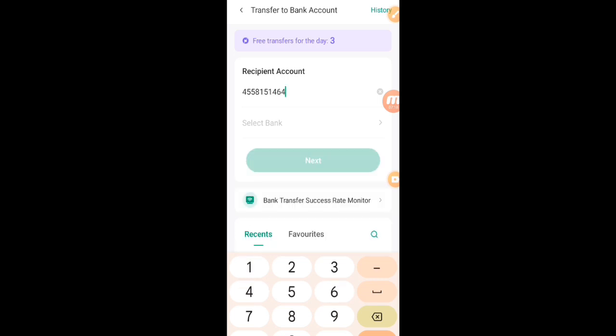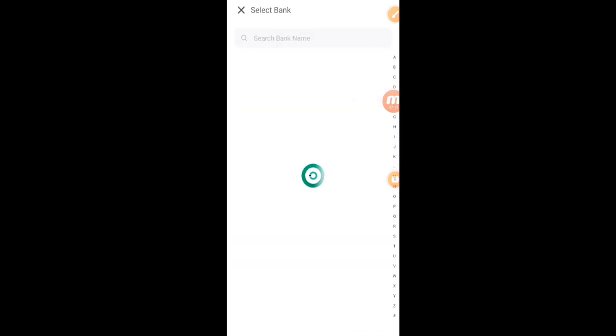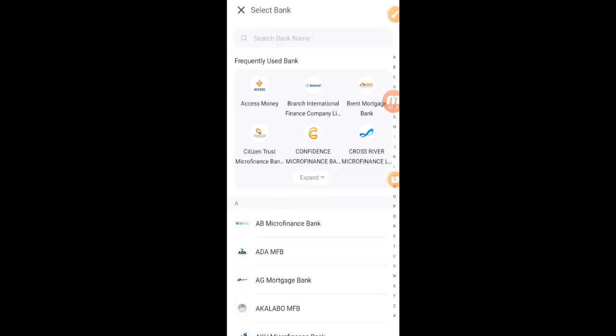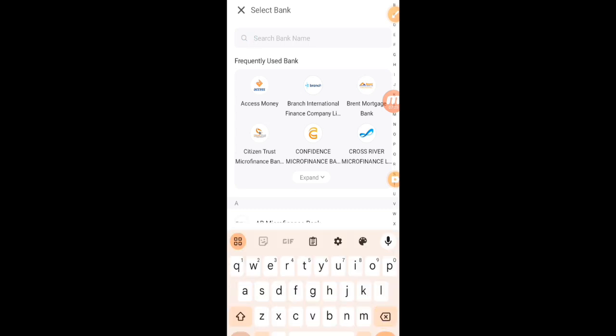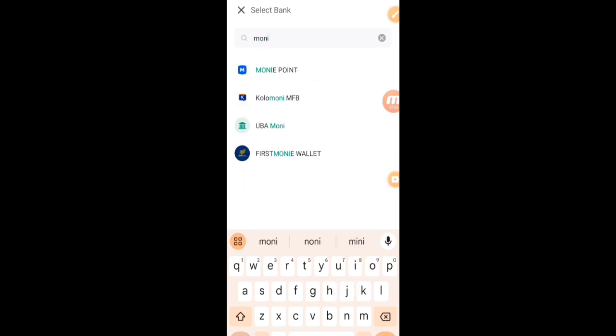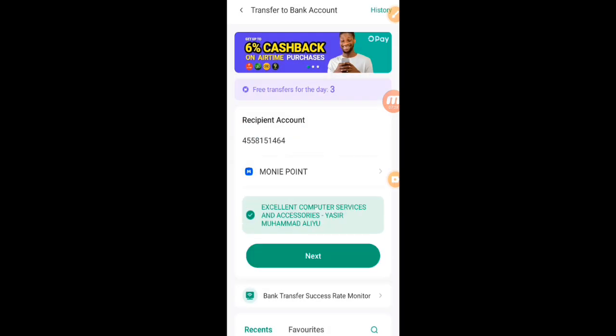When I type the bank, Money Points, it's supposed to show me the name, Excellent Computer Services and Accessories, Yassi Mohammed Ali. That's correct. It must match with that.